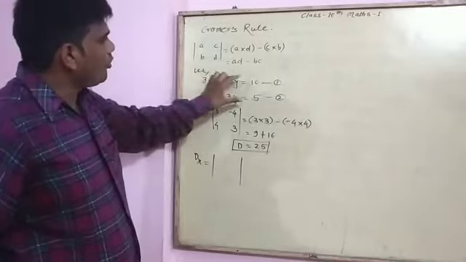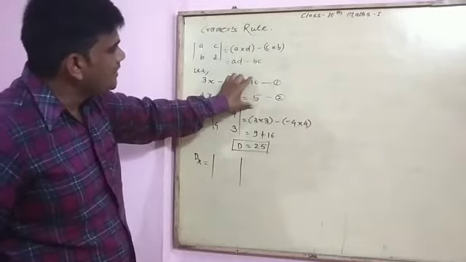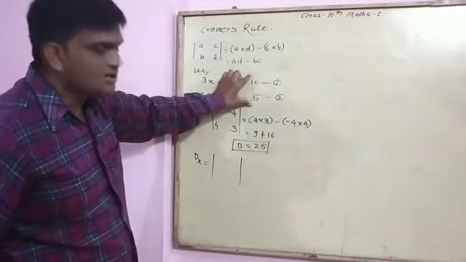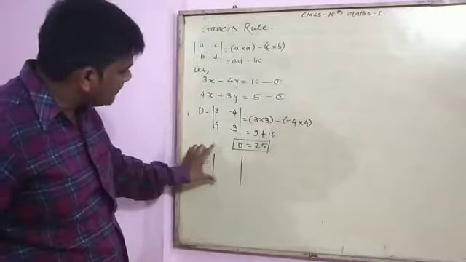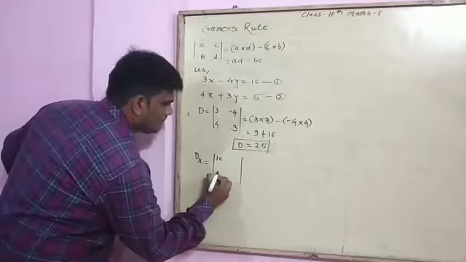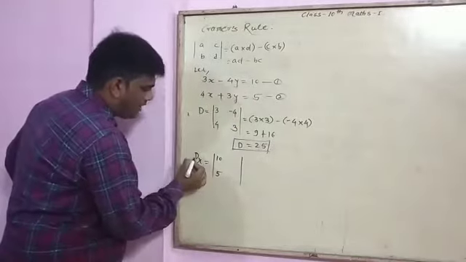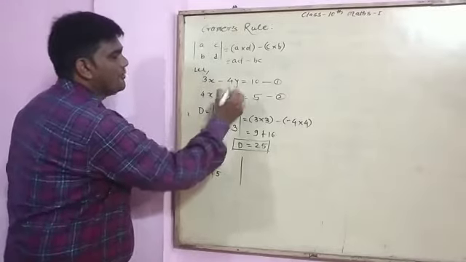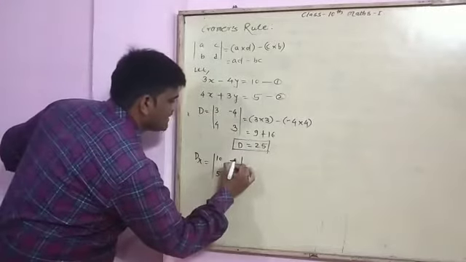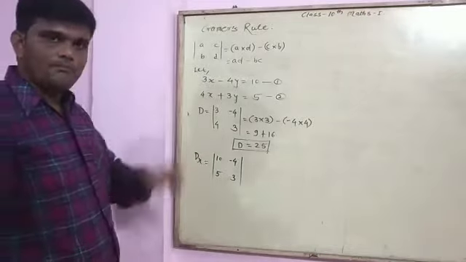In place of the coefficient of x, you write the constant terms in the first column, that is 10, 5. And you write the coefficient of y as it is, that is minus 4 and 3 in the second column.